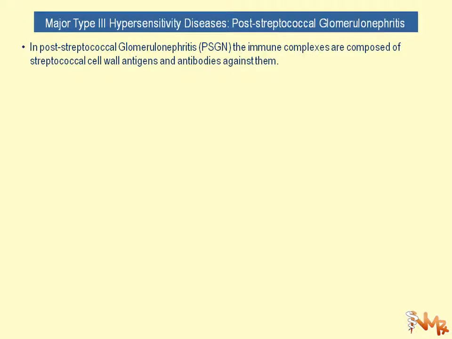This brings us to post-streptococcal glomerulonephritis. Again, I've covered this in details for you in the renal pathology course and also in the bacteriology. But for now, let's quickly review the major associations of PSGN. In post-streptococcal glomerulonephritis, the immune complexes are composed of streptococcal cell wall antigens and antibodies against them.